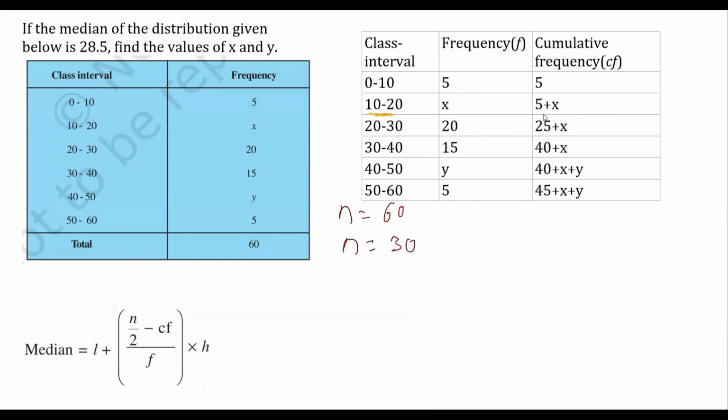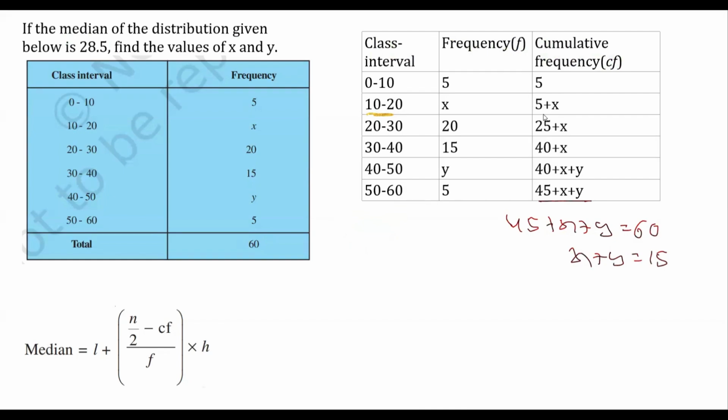So the first equation is 45 plus x plus y is equal to 60. So we can say x plus y is equal to what? If you subtract 45 from 60, you are going to get 15. So we have obtained the first equation.